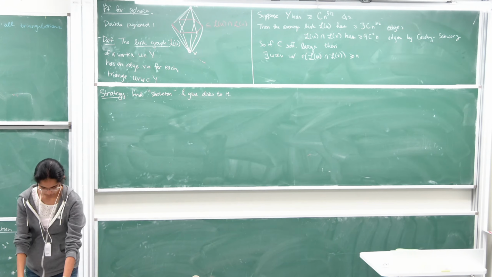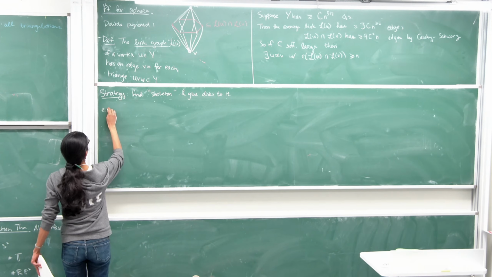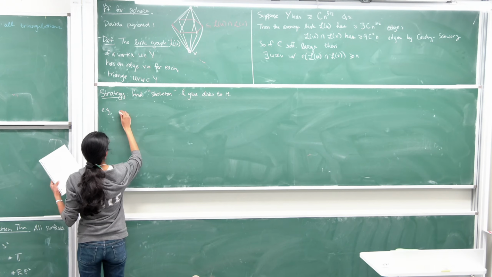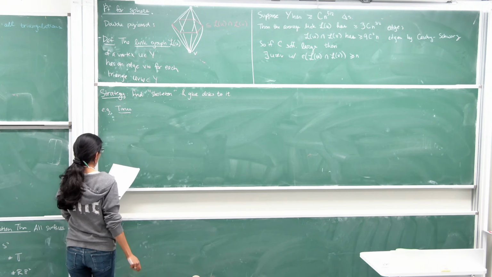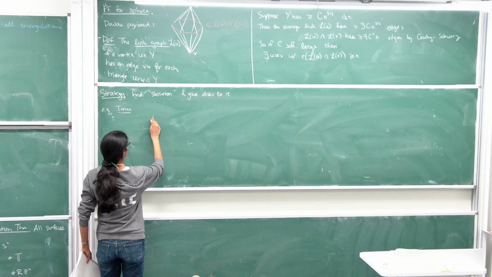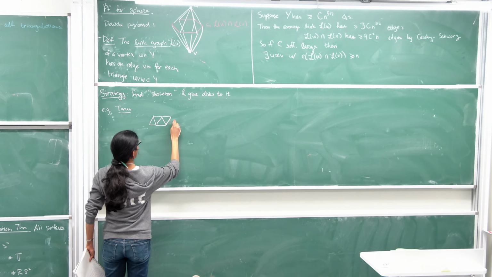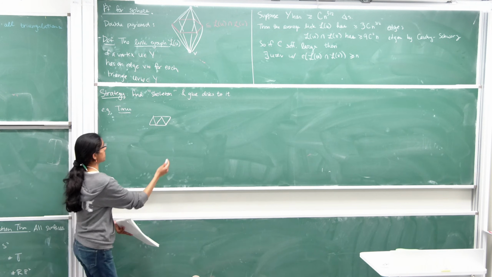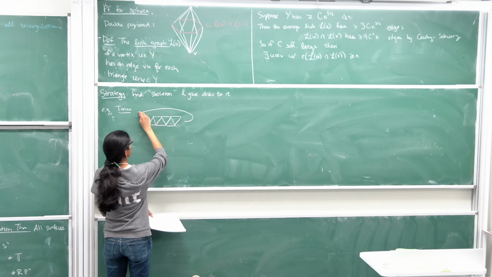So what do I mean by this? An example in the torus case is we find something that looks like this. So we find a cycle that is just formed of a bunch of triangles, and that wraps around.